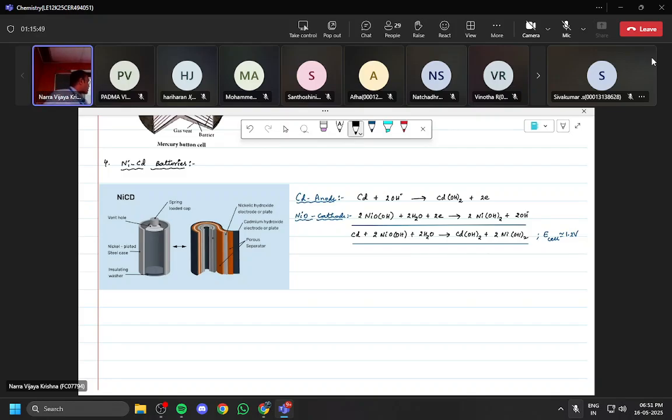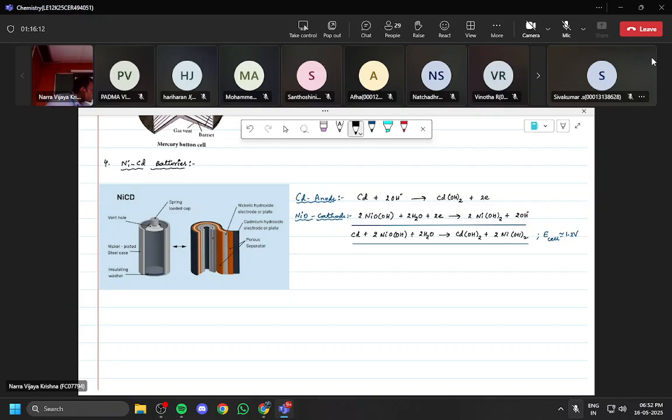Observe, porous separator. One layer is cadmium hydroxide layer. Above that, one porous separator. Above that, nickel hydroxide layer. Above that again porous separator. Again cadmium hydroxide, again porous separator, again nickel hydroxide and so on. Right? So it will have layers by layers.